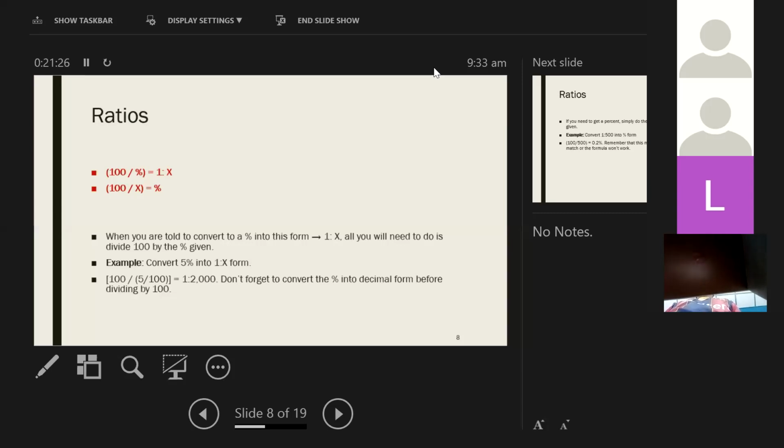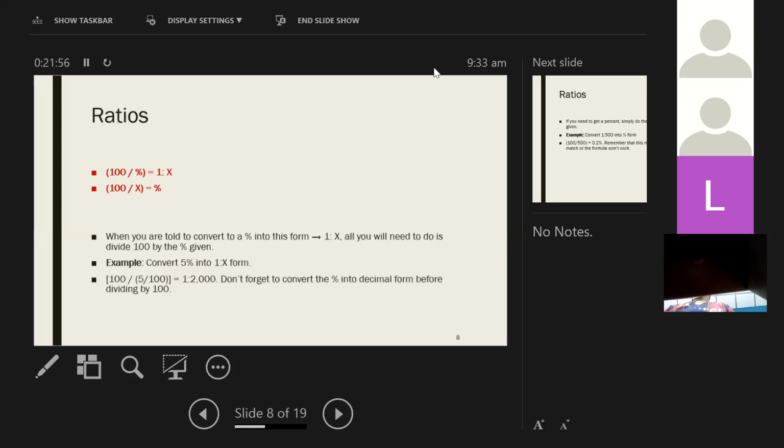Let's write this in the easier format. We've got 100 divided by 20%, which translates to 100 over 20 over 100. Do you understand that?